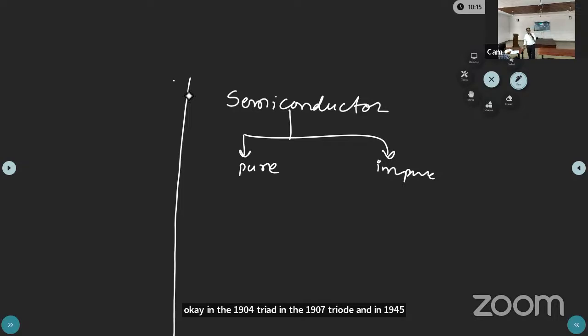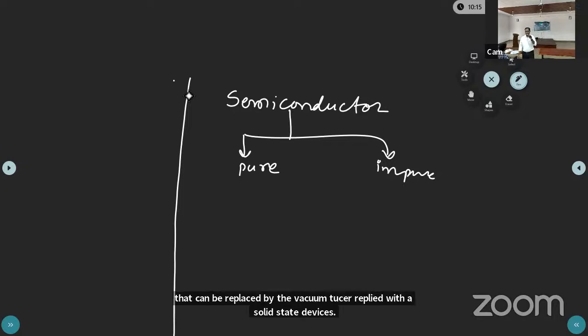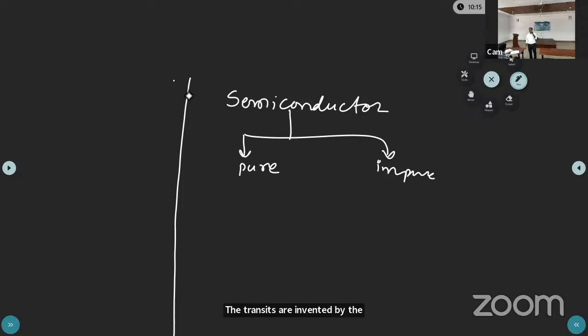And in 1947, transistors. The transistors were invented by three scientists: Shockley, Brattain, and Bardeen. In 1952, the IC technology was introduced.